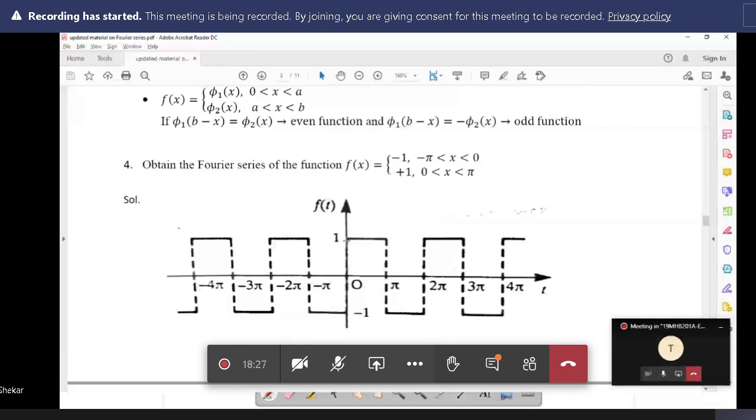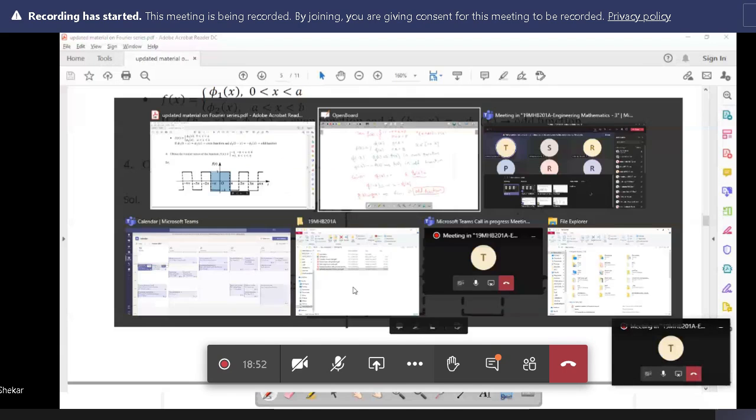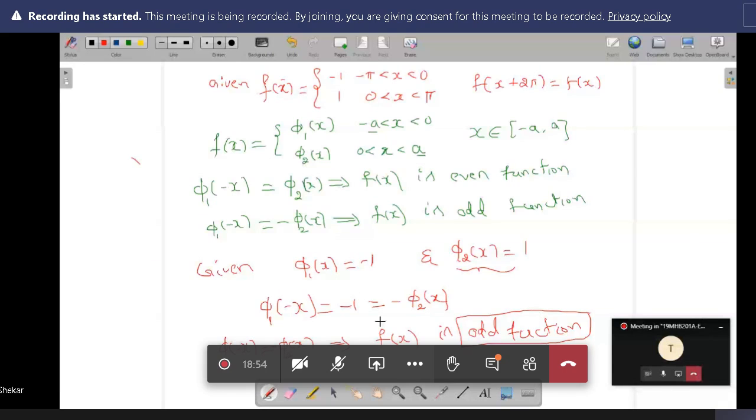From minus pi to pi, you check this part, it is symmetric about the origin, so it is an odd function. Or by calculations, you can easily verify that the given function is odd. I hope that is clear. Any doubt in this even and odd for a piecewise function?